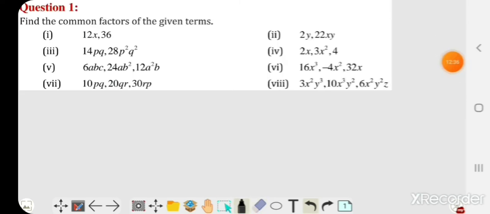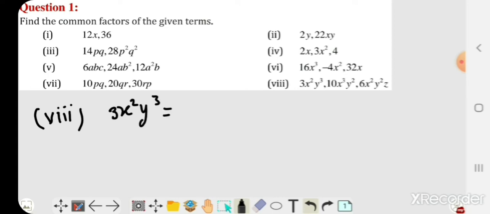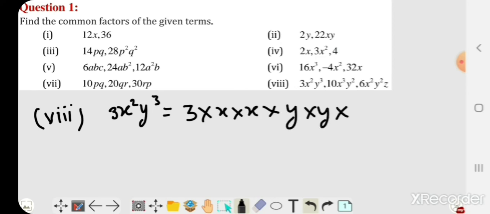Let's start part 8. It is 3x square y cube. So the factors will be 3 into x into x into y into y into y. Then 10x cube y square.